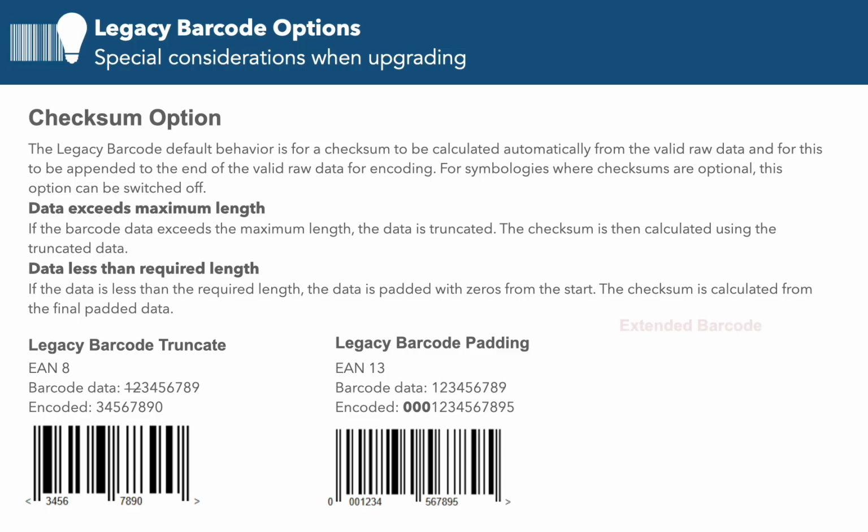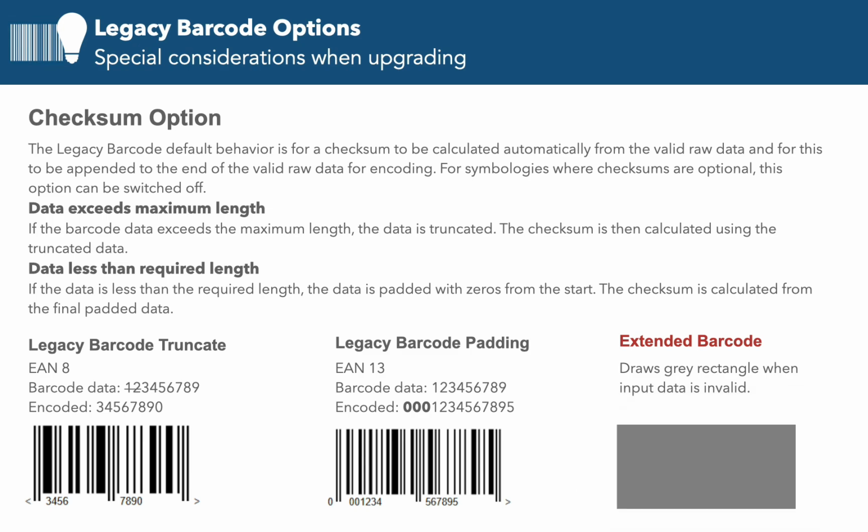However, if we attempt to use the same input data and barcode type, the extended barcode does not draw the code, but draws a gray rectangle to indicate the data did not meet the symbology's requirements. It's important to note that by default, the extended barcode object does not attempt to truncate or pad invalid data.